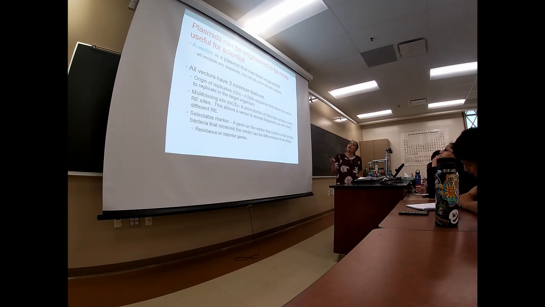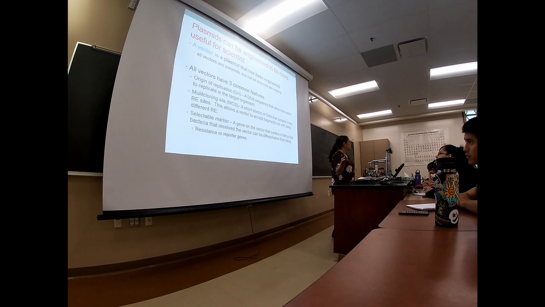Okay, so there are 3 very general common features that you'd want your vector to have if you were going to use it for molecular cloning. 1, origin of replication. You guys remember that? What does the ORI do? Remember when we saw the ORI? What happens at the ORI? There's a bubble.